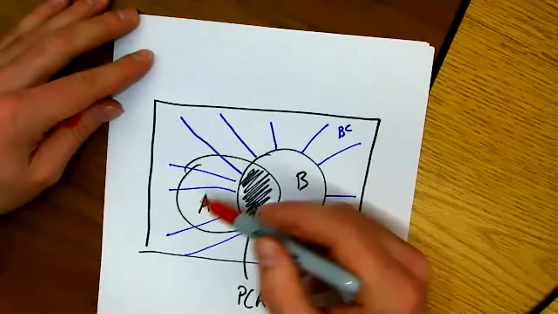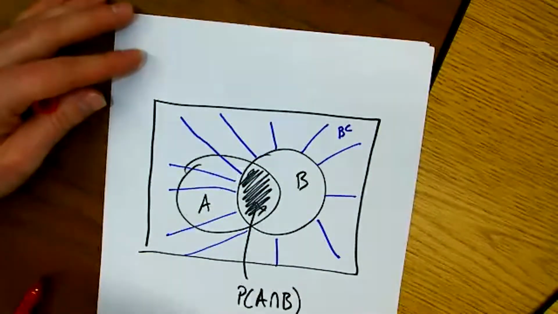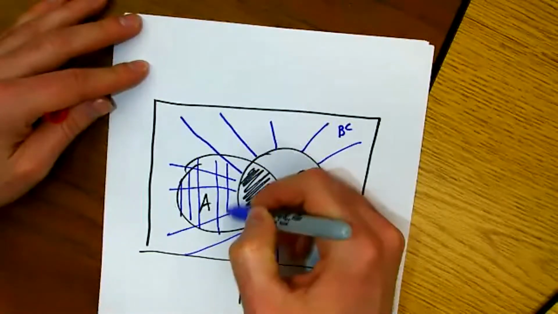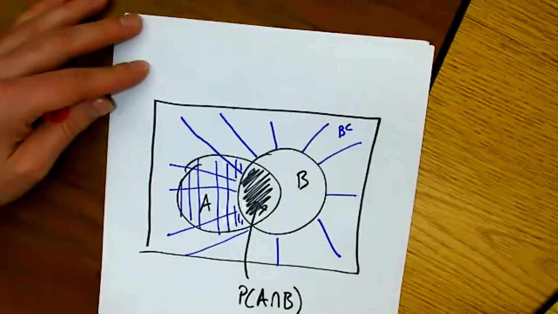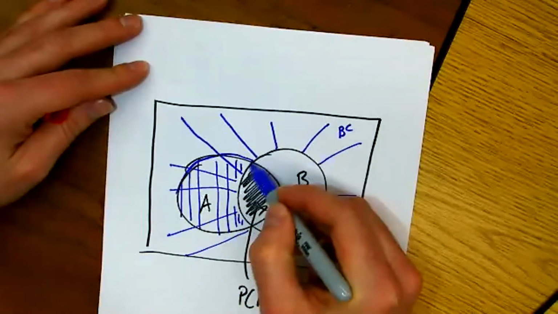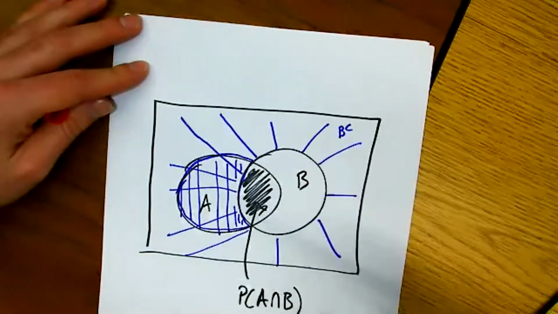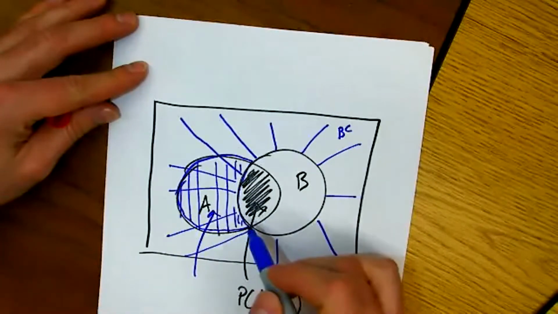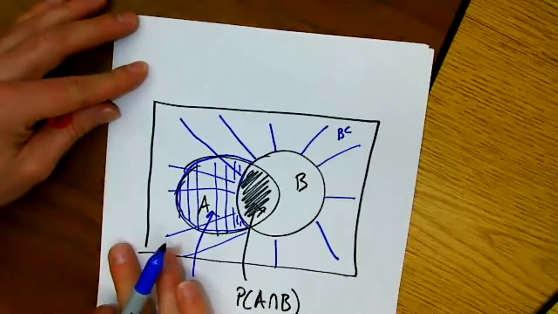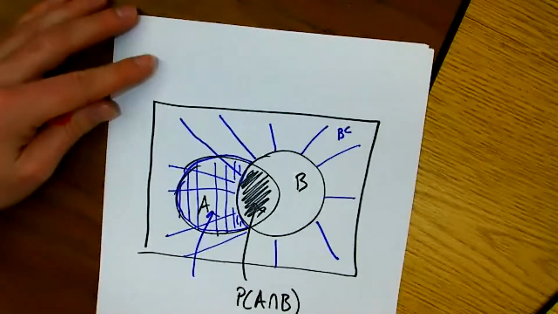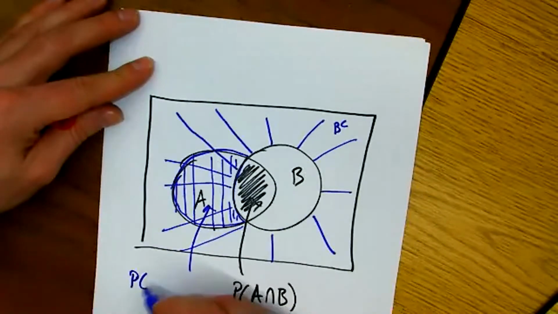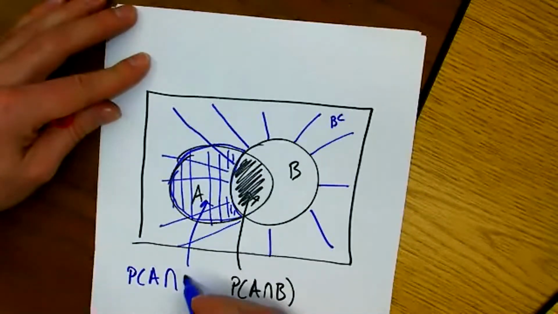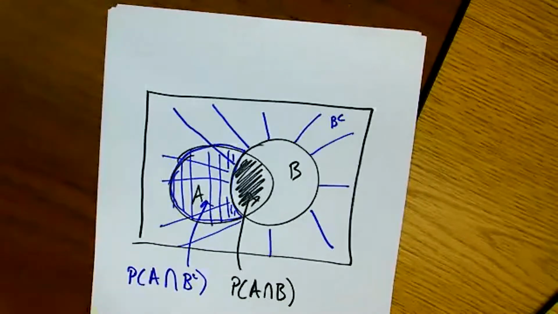Well, it would be the blue area that overlaps with circle A, that half moon right here. So really what I just found was everything that's in circle A but not in circle B, outside of that circle B. So being in A and not in B is A intersect B complement.